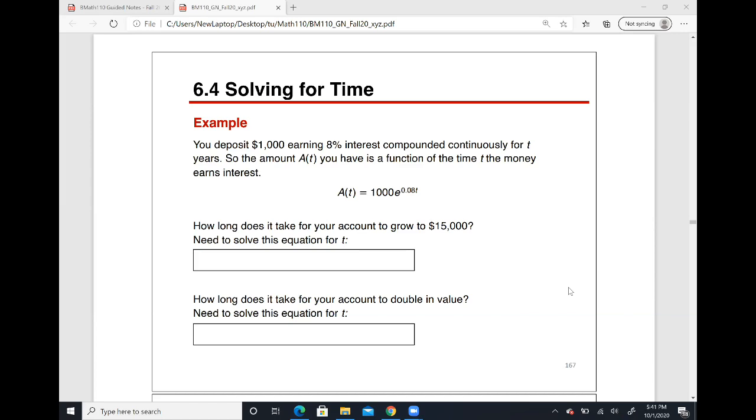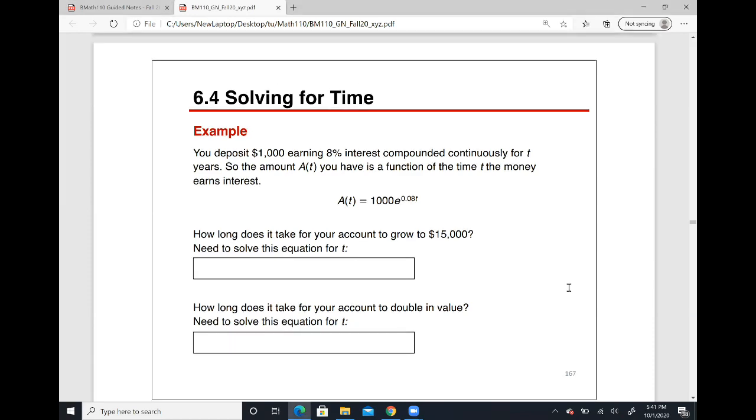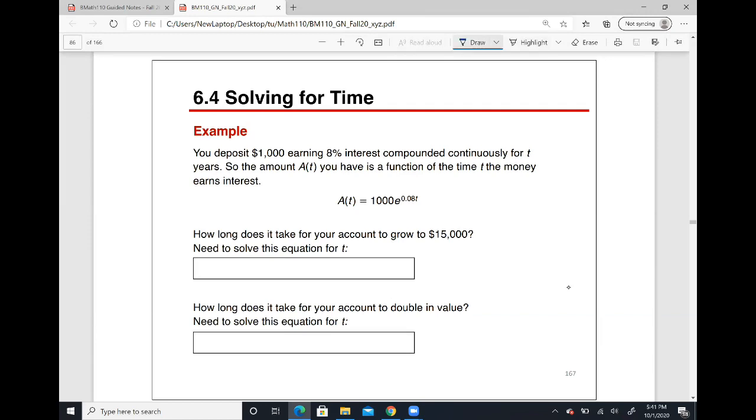Okay, let's go ahead and work on example number one here. We have $1,000 and earning 8% interest. So I know that this should be P. So P is going to be equal to 1,000.